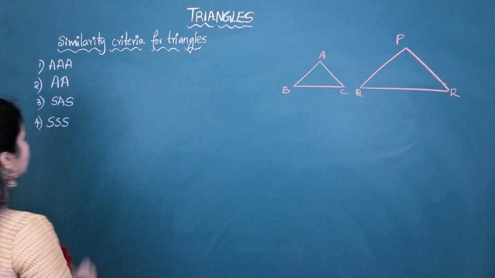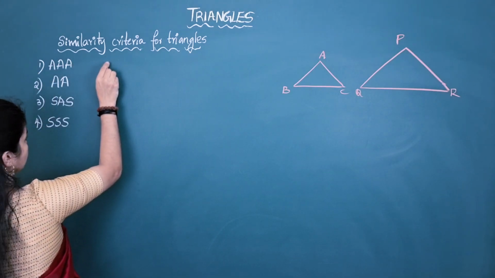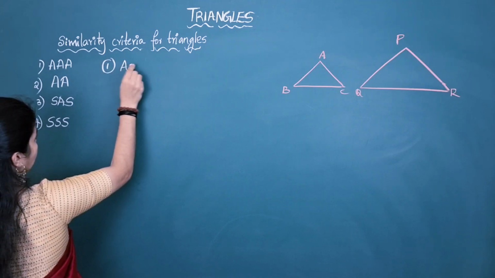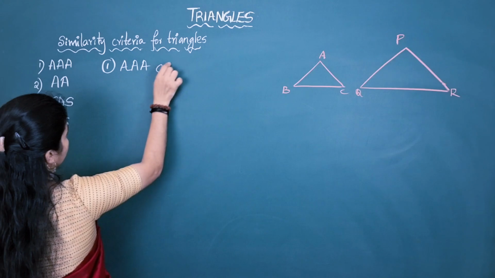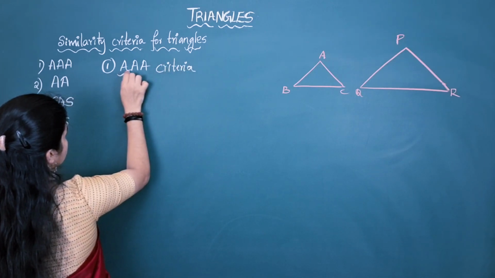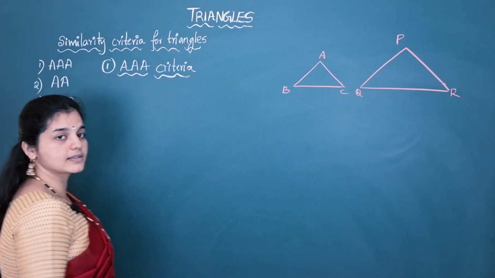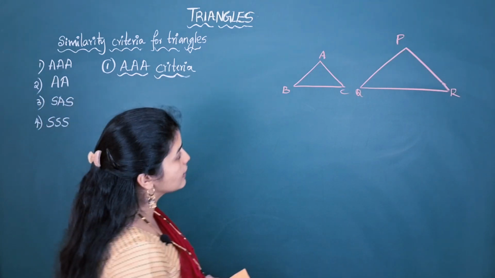Now let us consider the first criteria. Angle criteria. For the similarity, the first criteria we are going to discuss is angle criteria.